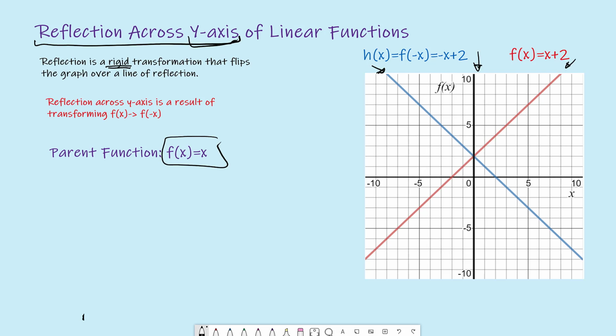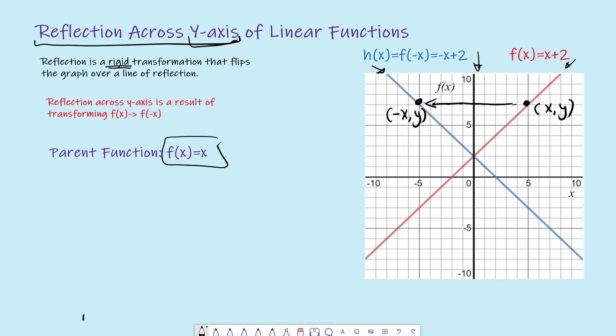So a reflection across the y-axis really means that we're looking at the same y's, okay? So say we look at this point. We're looking at the same y, but we're saying that it has the value of the x with the opposite sign. So we're taking this point from here and transforming it to there. So if this was the point (x, y), now we will have the point (-x, y), right?